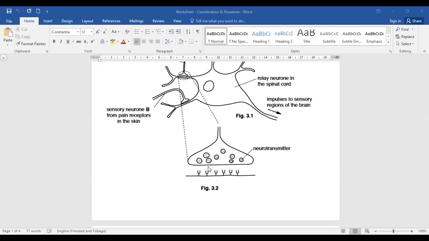Describe how impulses are transmitted across a synapse. So when the impulse reaches here, how is it that it reaches from here to there? Okay, so that happens like in the other neuron, but what happens when an electric impulse reaches this area here?